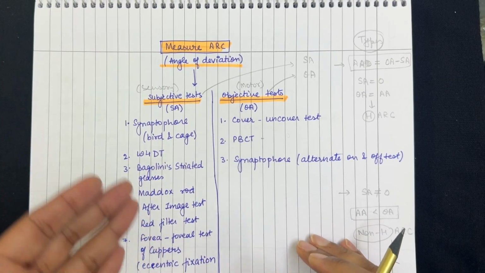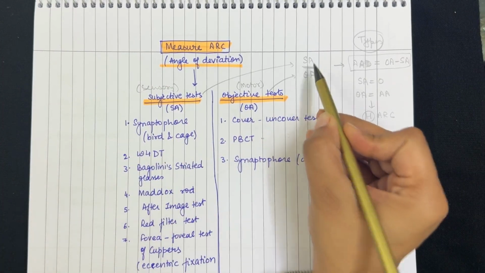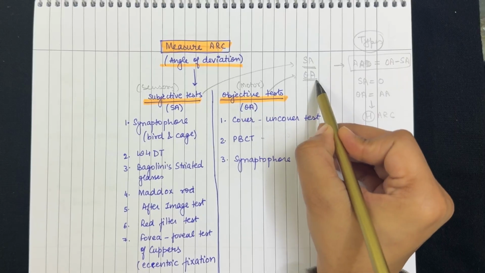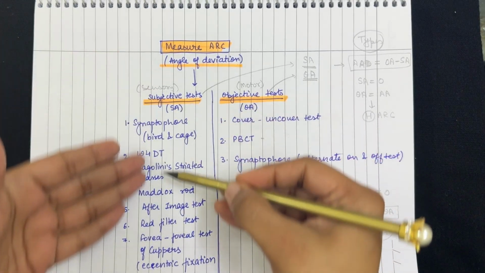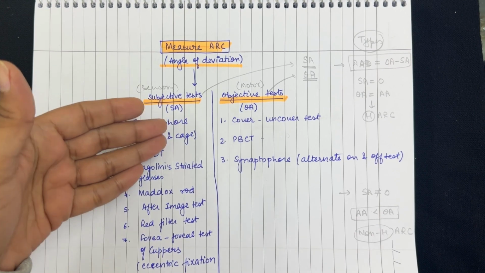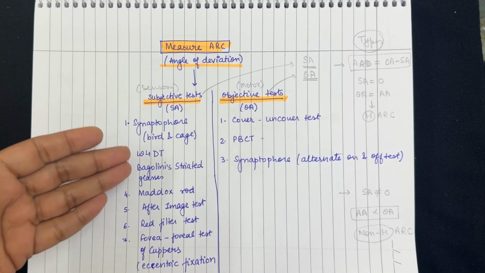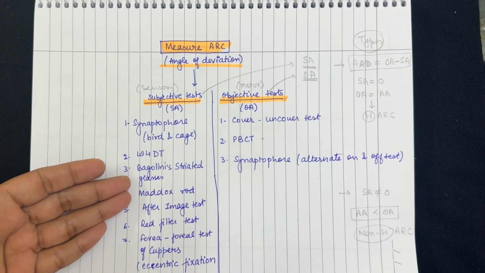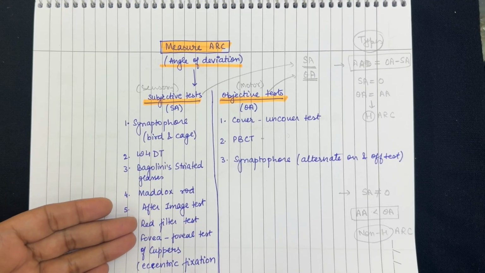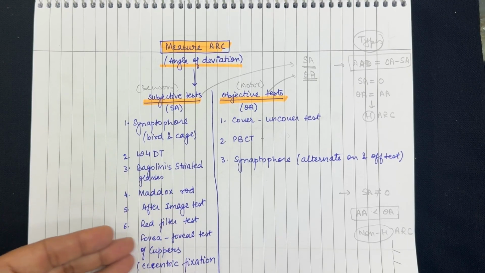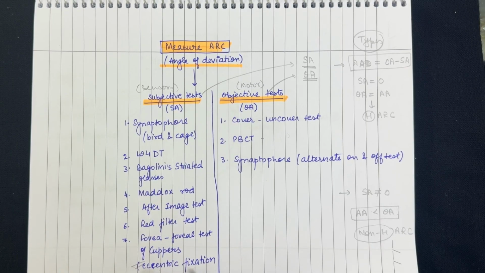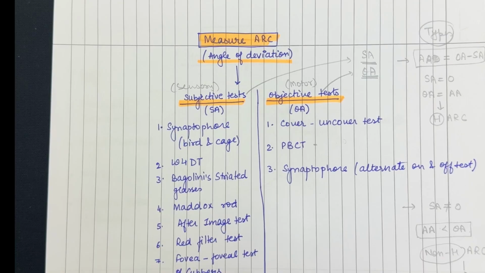With sensory tests you get the subjective angle, and with objective tests you get the objective angle of deviation, right? These are the subjective tests: synaptophore with bird and cage picture, Worth 4 dot test, Bagolini's, Maddox rod, after image, red filter test, and there is something known as the foveal test of Cuppers, mainly to rule out eccentric fixation or to look for it, right?